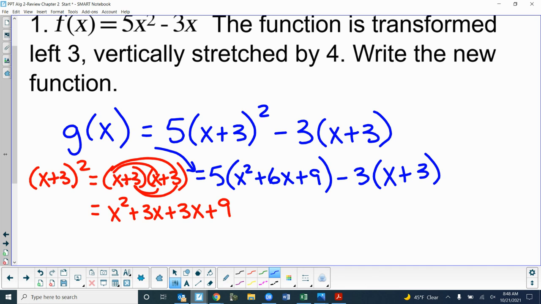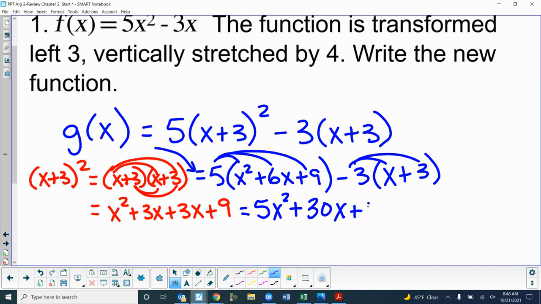Okay. Now, I got to distribute. I'm still not done cleaning this up or simplifying. I got to distribute the 5 and the negative 3. All right? So I got 5x squared plus 30x plus 45 negative 3x negative 9.